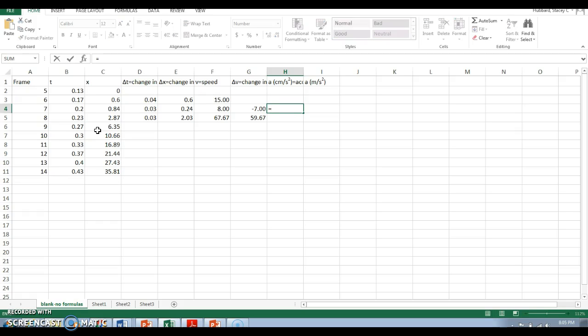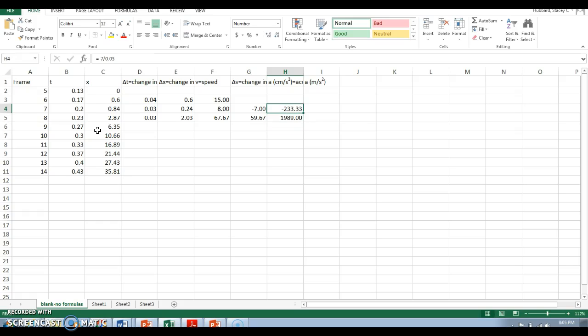So now we have -7 divided by our change in time, which is 0.03. Okay, and then I'll do one more for you. This one is 59.67, change in velocity, divided by 0.03.